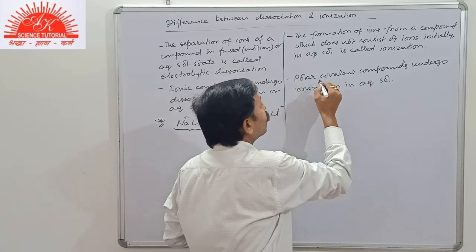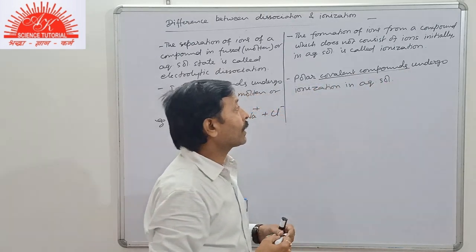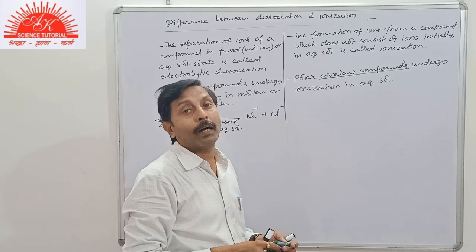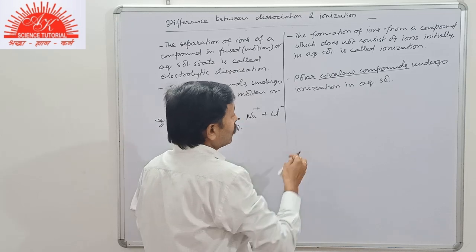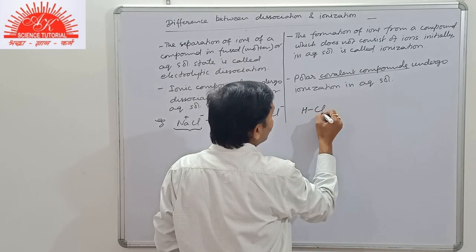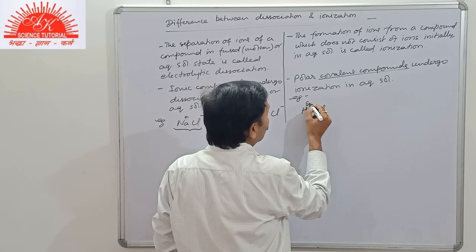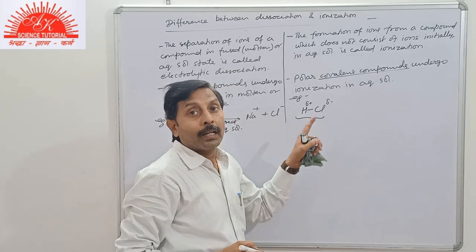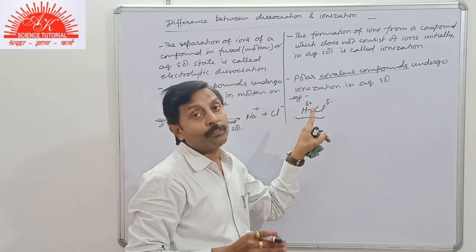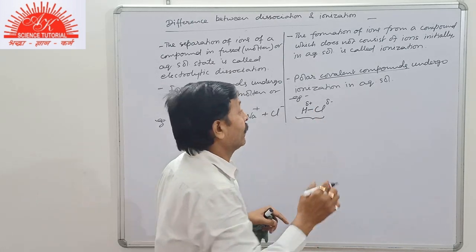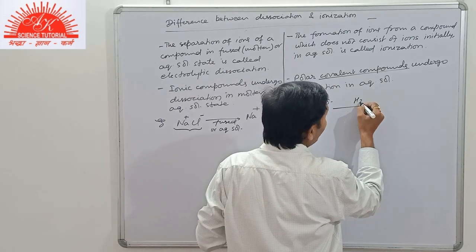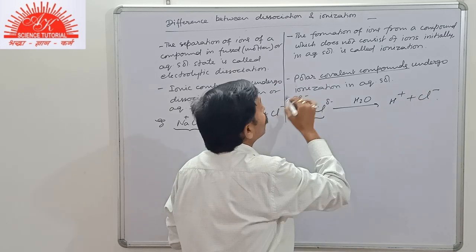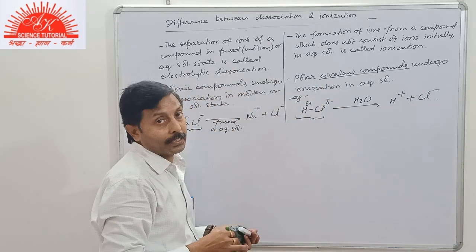Here it is a covalent compound, so it consists of molecules, but since it is a polar covalent compound, like suppose we have HCl, delta plus, delta minus. This is a polar covalent compound. In liquid state, it consists of molecules. It does not have ions. But when dissolved in water, it gives us H+ and Cl-. So this is called ionization.